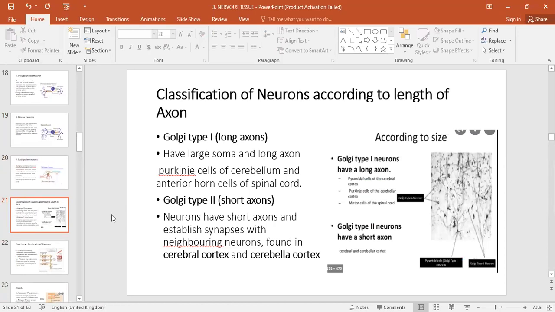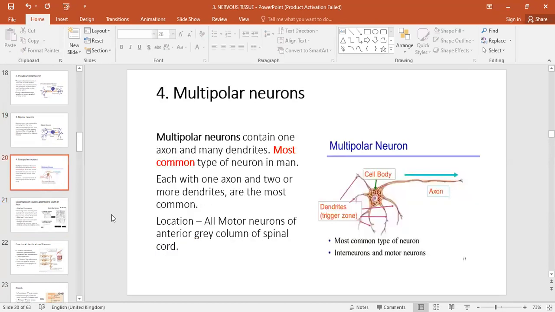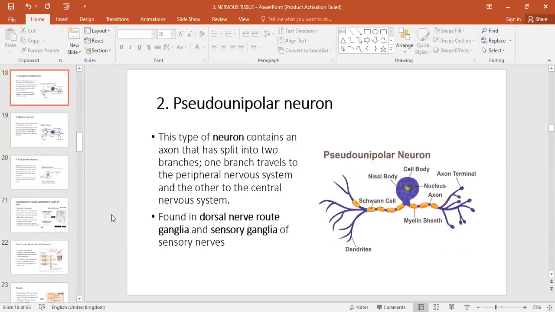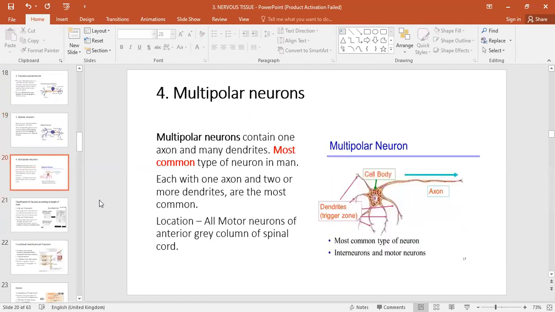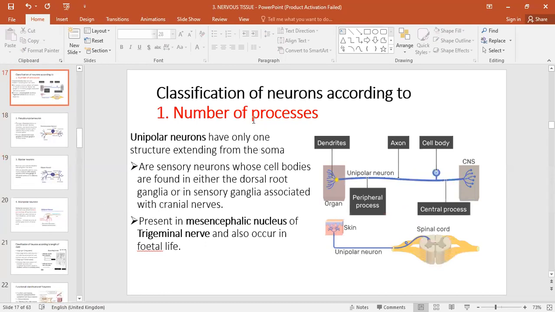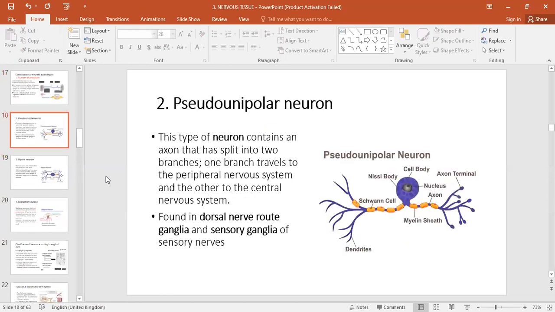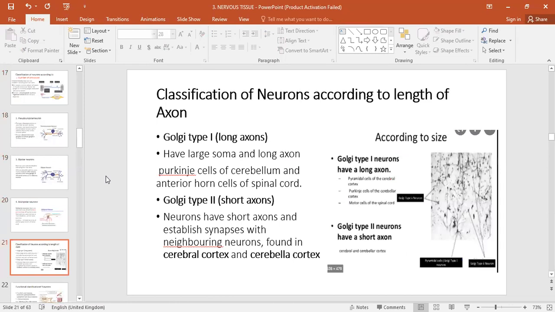So those are the types of neurons we have in the body: multipolar, bipolar, pseudo-unipolar, and unipolar neurons. Okay, so that's the first classification of neurons, where we are looking at number of processes, how many dendrites, how many axons. Let's look at another classification.